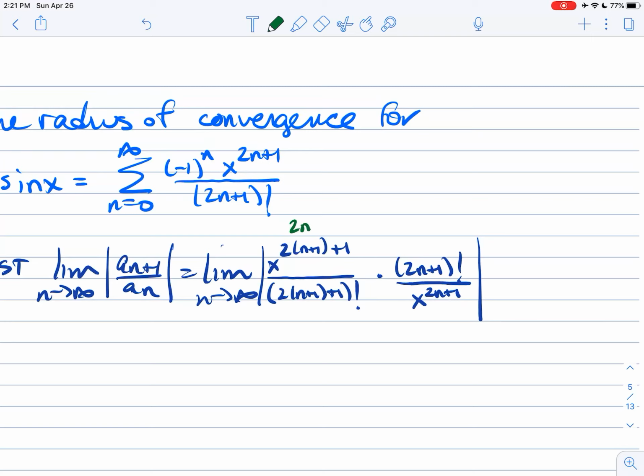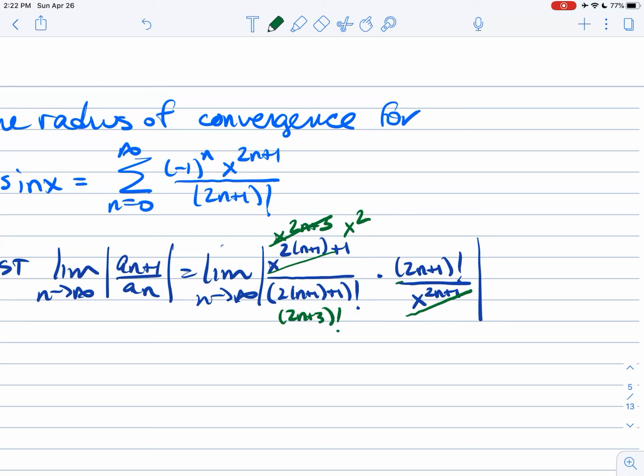So remember here that x^(2(n+1)+1) is going to be x^(2n+3). And if I cancel x^(2n+1) with x^(2n+3), I end up with just x squared left over.